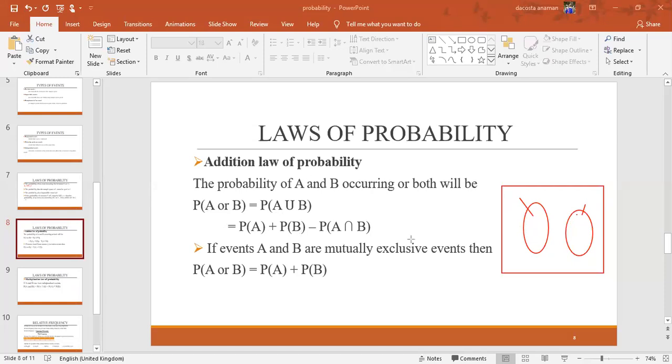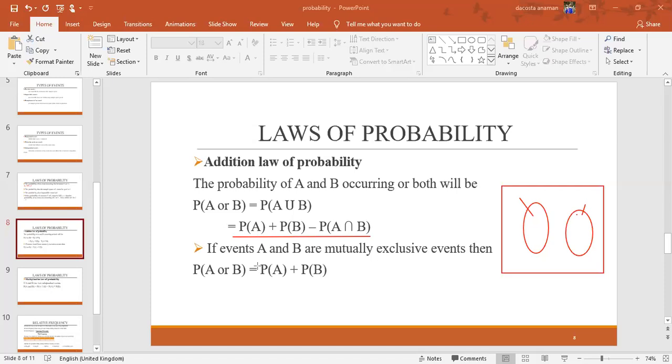If B occurs, A or B have also occurred. And if A and B occur, it means that A and B have occurred. So that's why the probability of A or B occurring is P of A plus P of B, the probability of A occurring plus the probability of B occurring, minus the probability of A and B occurring at the same time. Is that okay?